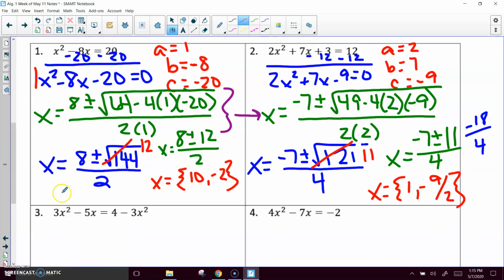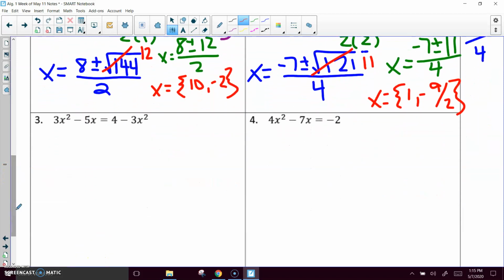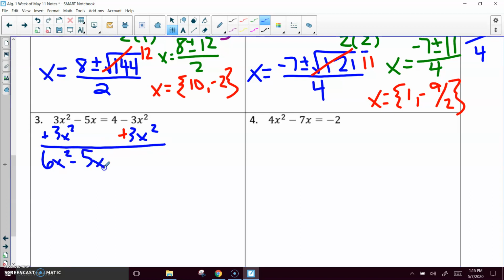Let's look at number 3. Our first priority is to get everything on one side and set it equal to 0. So to do that, let's add 3x squared to both sides. So that gives me 6x squared, subtract 5x equals 4.